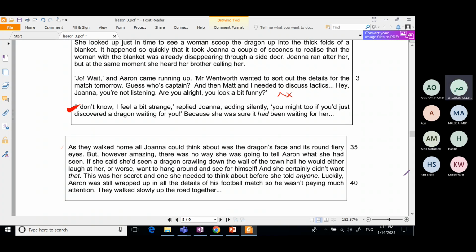Thank you. This paragraph showed us what? The relation between the brother and sister. Who can identify the relation between sister and brother here? I think the relationship is kind of silly and they're not close to each other.